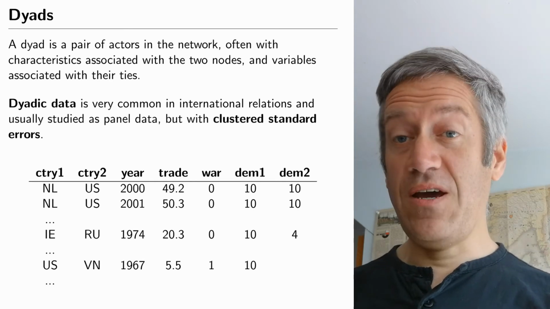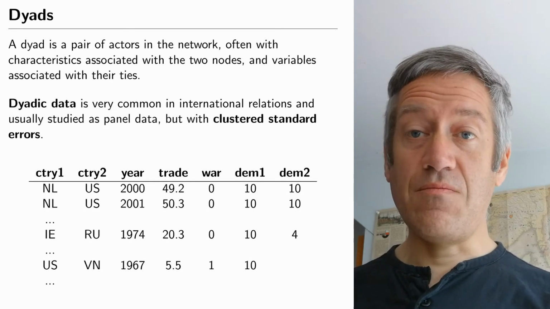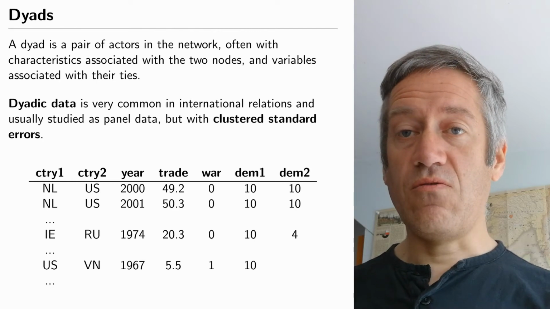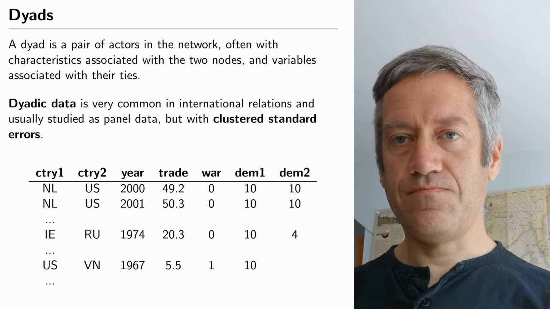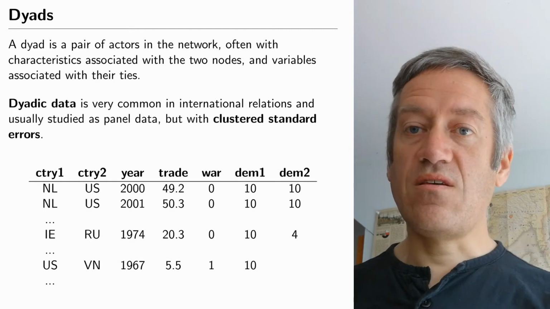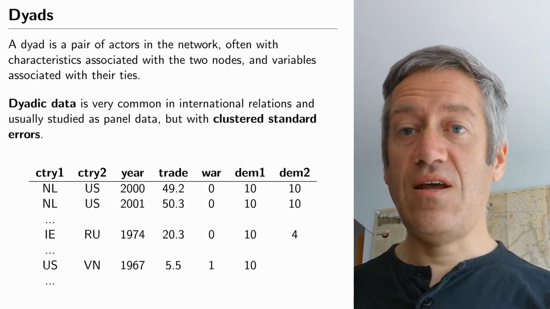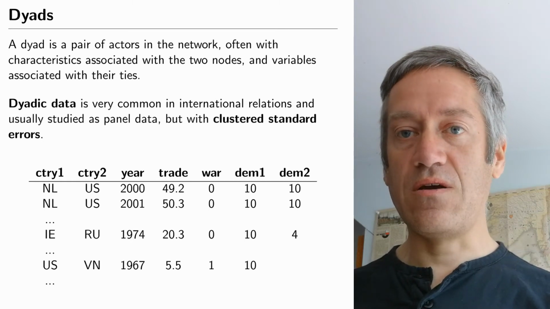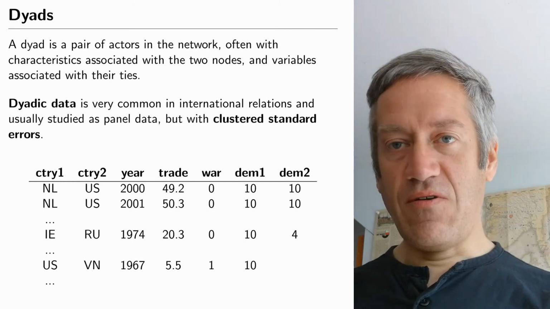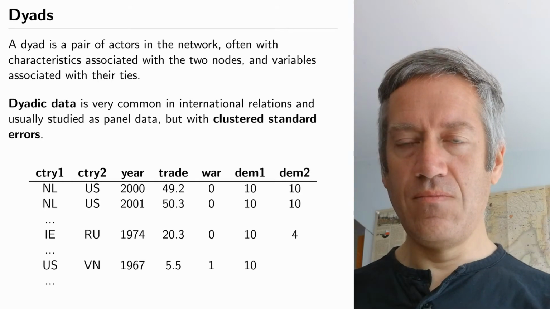We can look at pairs of countries and then look at the amount of trade between them, or whether or not they fight a war between them, and so forth. This is a type of panel data, but instead of having n observations, you have n squared observations because of each of the pairs, or maybe not directional and half of that.